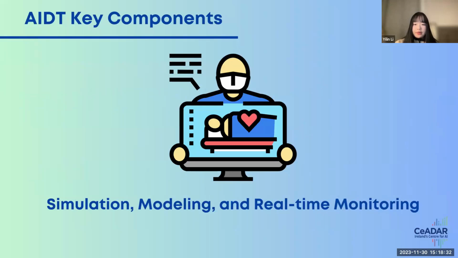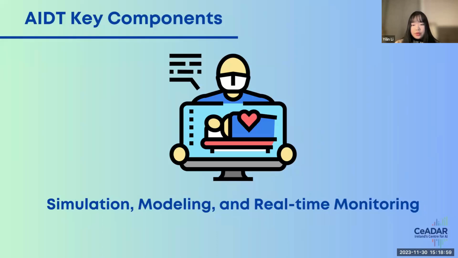So the next step is the simulation. Modeling and real-time monitoring are implemented in the health digital twin for heart disease. The health AIDT uses complex simulation and modeling technology to replicate and predict the progression of heart disease.